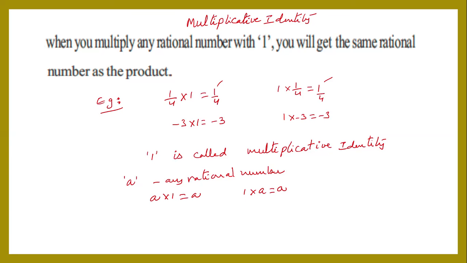Here 1 is taken as the multiplicative identity. 1 belongs to natural numbers, whole numbers, integers and rational numbers also. So, 1 belongs to all these numbers. This property is taken as multiplicative identity.